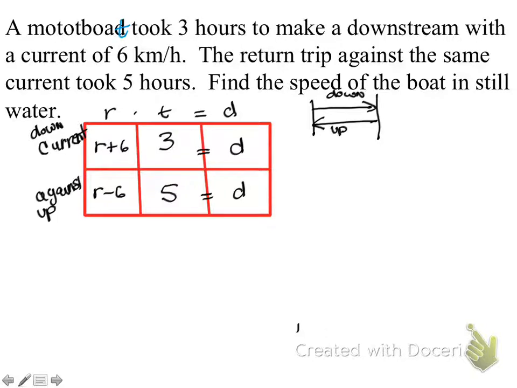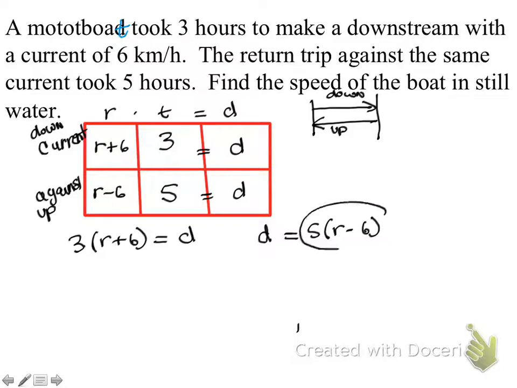So my two equations: 3 times R plus 6 equals D, and D equals 5 times R minus 6. And now we can just substitute right there. 3 times R plus 6 equals 5 times R minus 6.